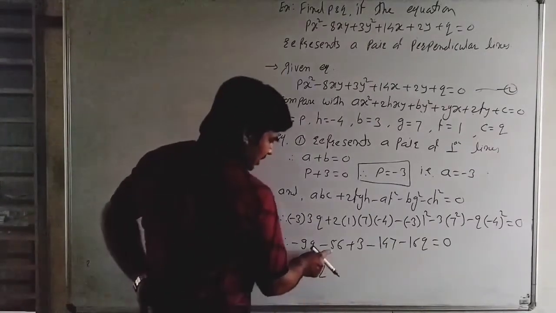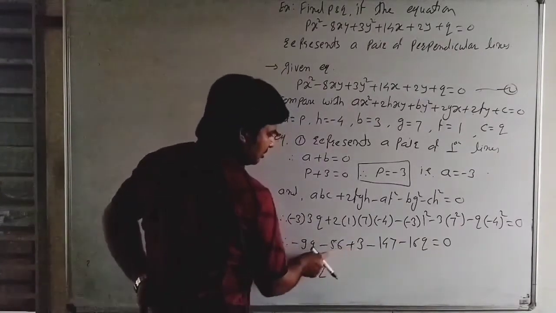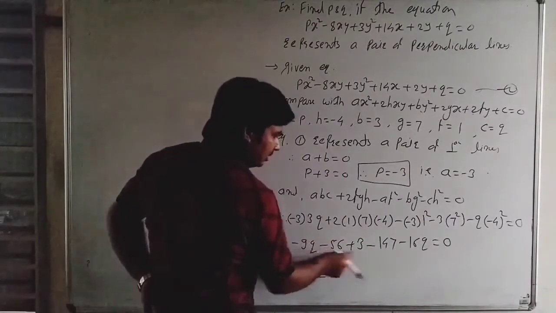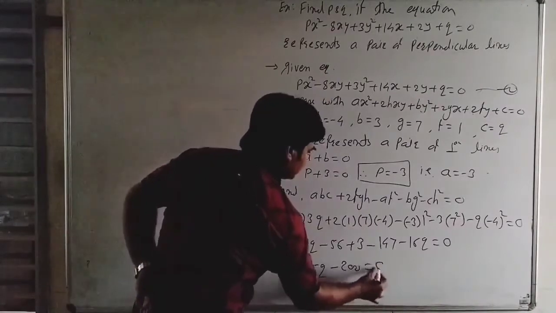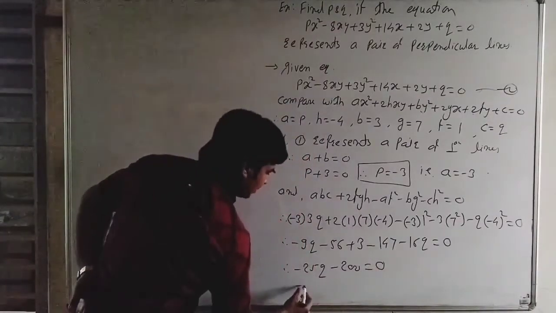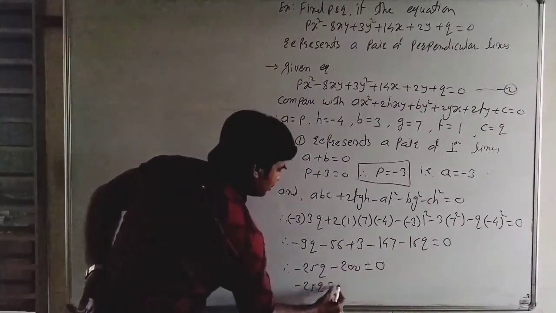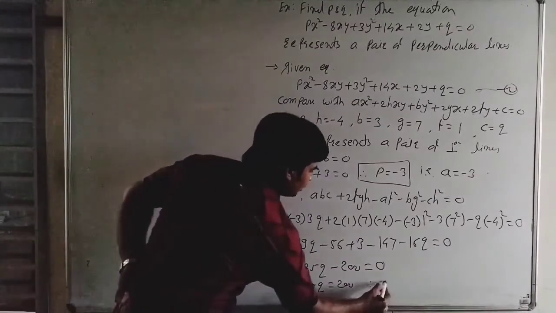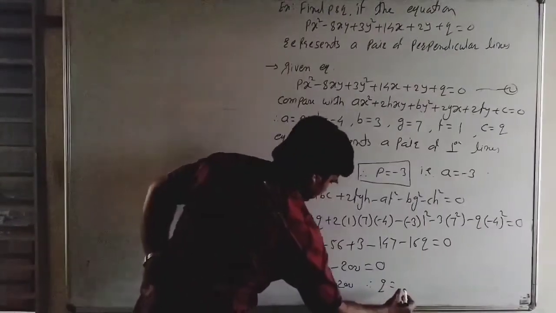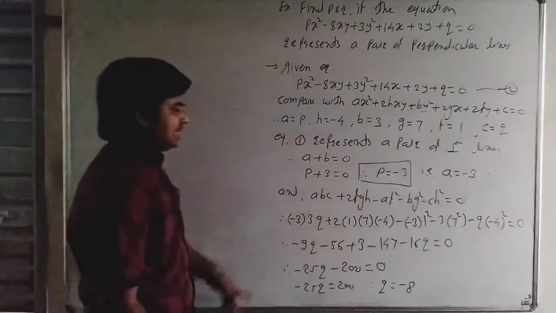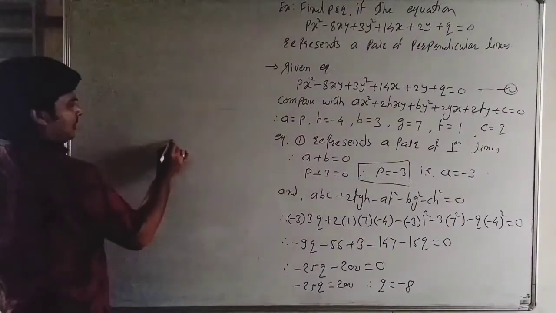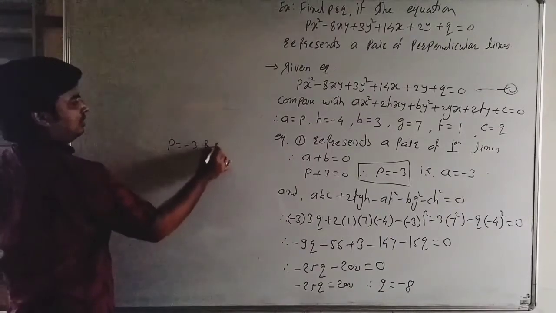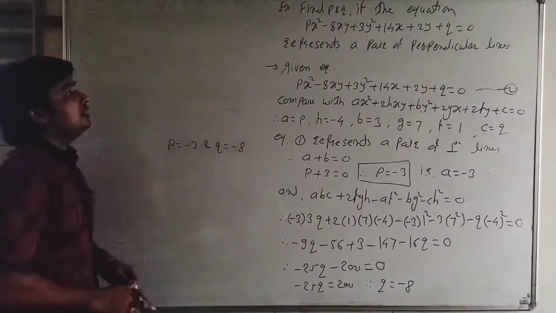Then again here, minus 56 plus 3, it is minus 53. 53 and 147, it is minus 200 is equal to 0. Therefore, minus 25q is equal to 200, and therefore q is equal to minus 8. Okay, and it is the last answer. p is equal to minus 3 and q is equal to minus 8. It is the last answer.